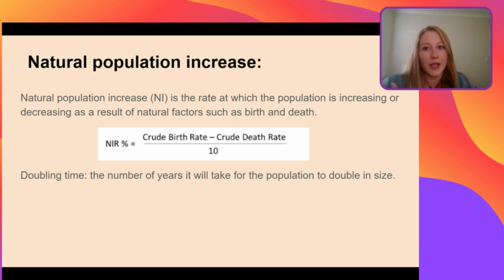It does not look at any type of immigration or emigration, so no people moving in or out of the country. It is only looking at birth and death. And then, doubling time: the number of years that it takes for a population to double in size.